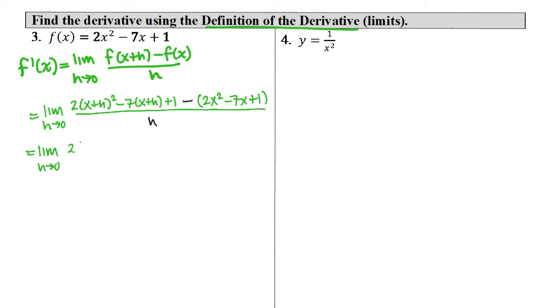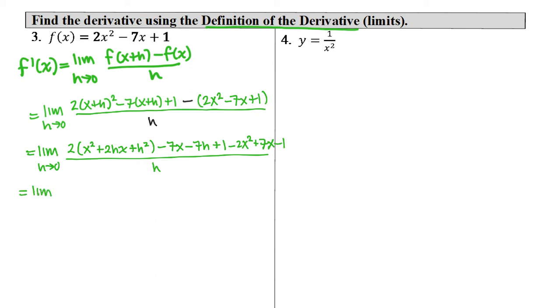2 times, if I do x plus h times x plus h, that's x squared plus hx plus another hx, plus h squared, minus 7x minus 7h plus 1. I'm going to go ahead and distribute the negative here. Negative 2x squared, positive 7x, minus 1, the whole thing over h.